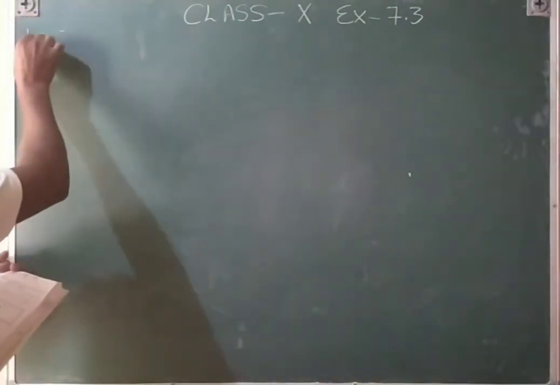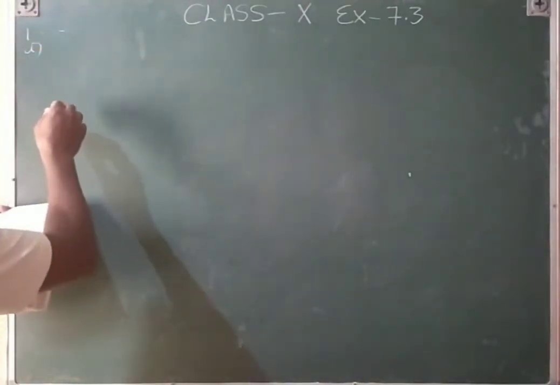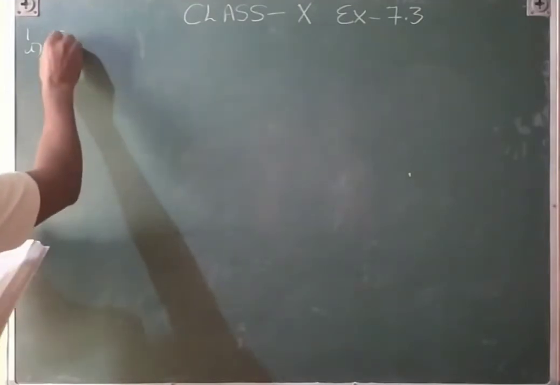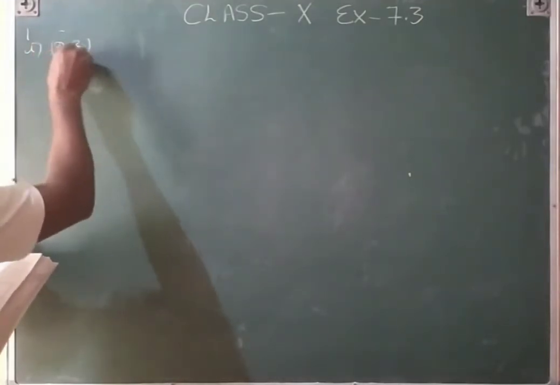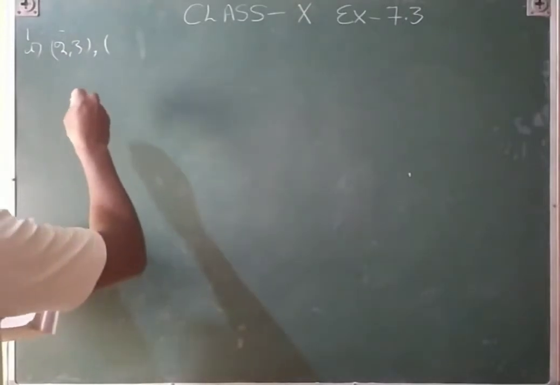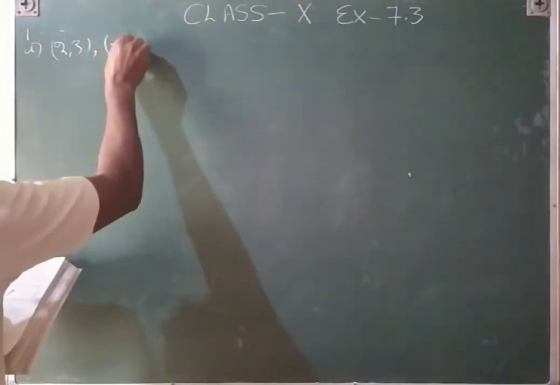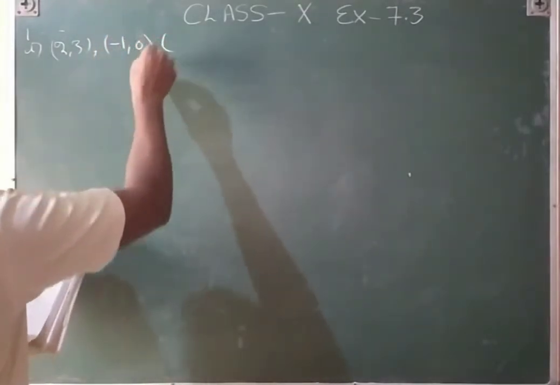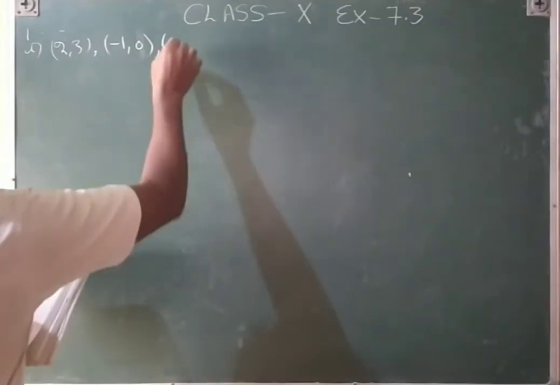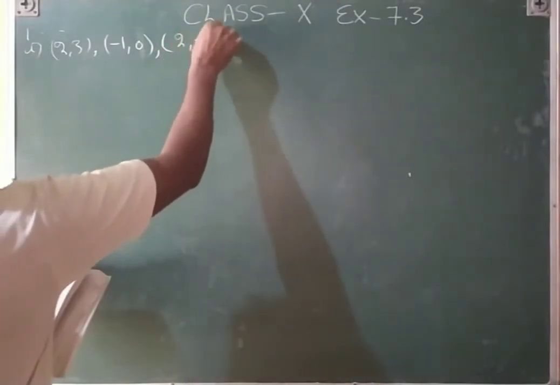Question number 1, first part. The coordinates are (2, 3), (-1, 0), and (2, -4).